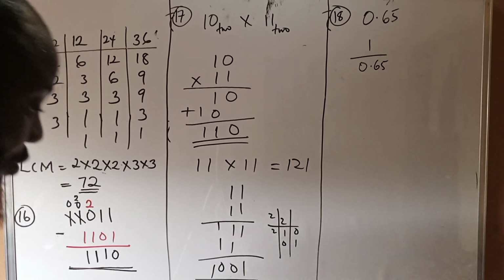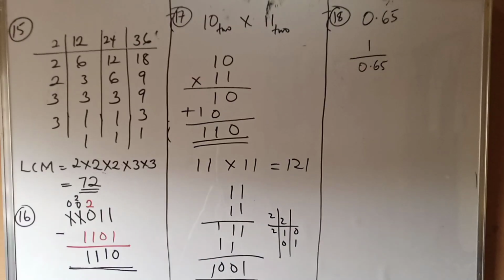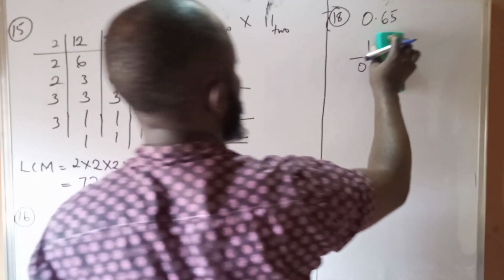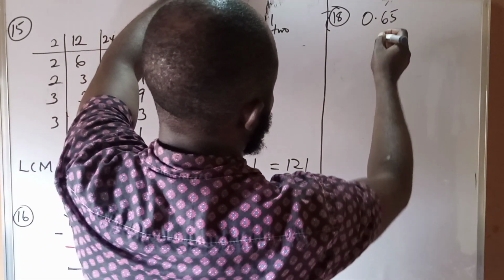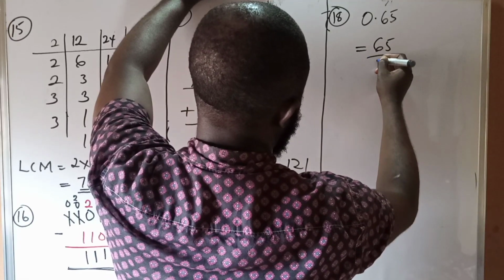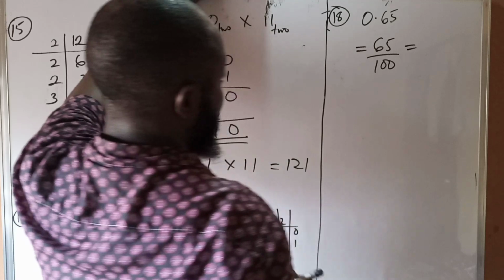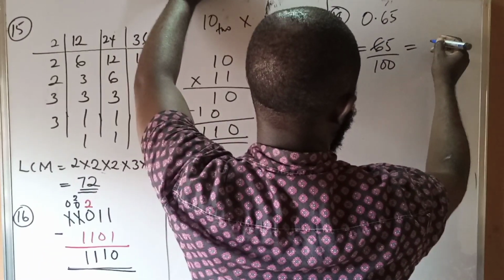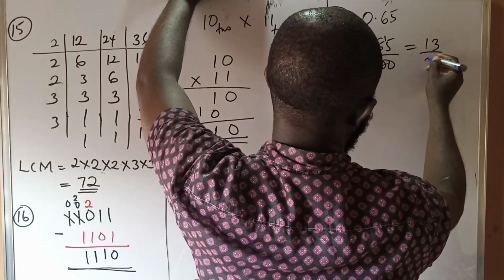In this case, what I would advise is to first change this to a fraction, which gives us 65 divided by 100. Let's simplify further: 5 into 65 gives 13, and 5 into 100 gives 20.